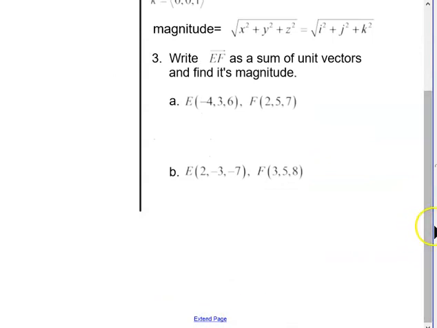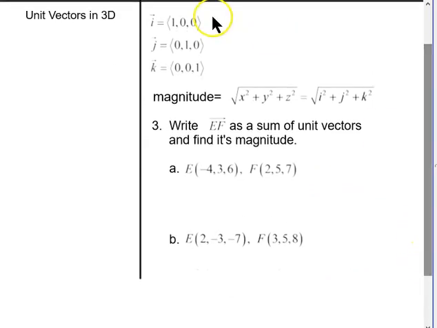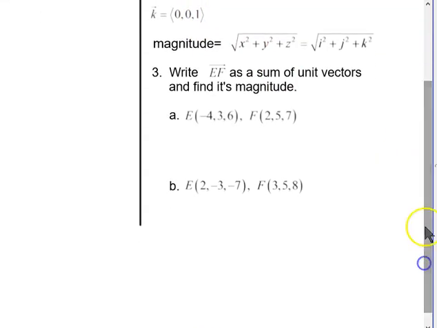So, this is how we name them. 1 to the right, 1 up, 1 out, which is right and left. And then also magnitude. Remember, instead of using distance formula, if I subtract the x's and get that ordered pair, we can just take that and square it.